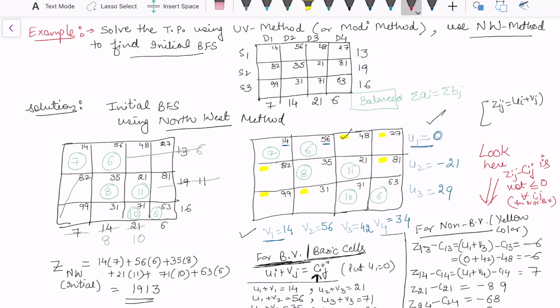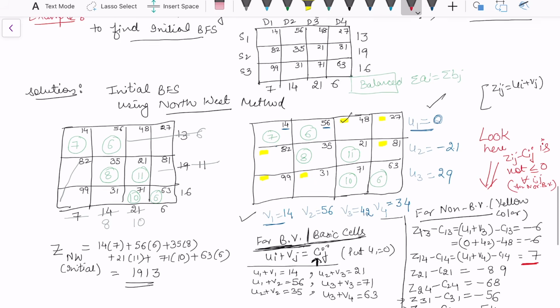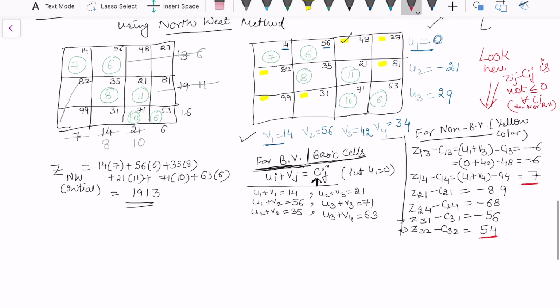We enter the variable with the most positive value. Now 7 is positive, and then there is a quantity 54 which is positive. So from these, we compare the Zij minus Cij values of the non-basic variables, and we pick the one which is most positive.